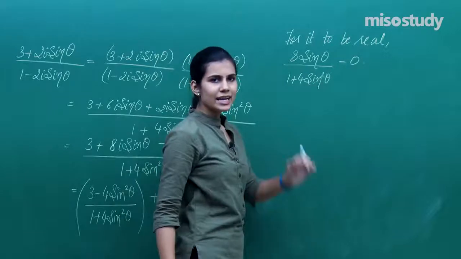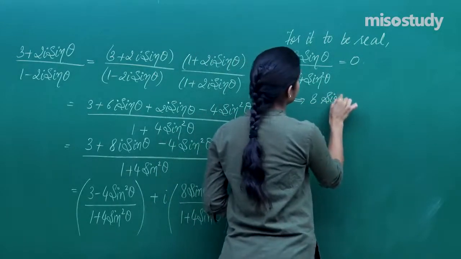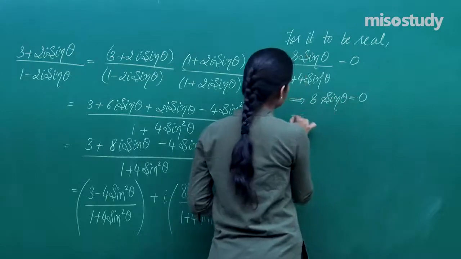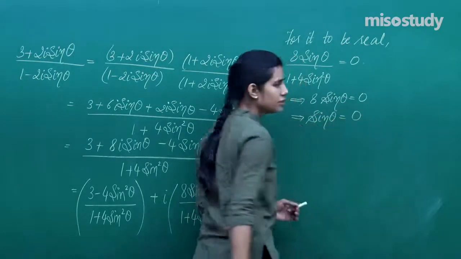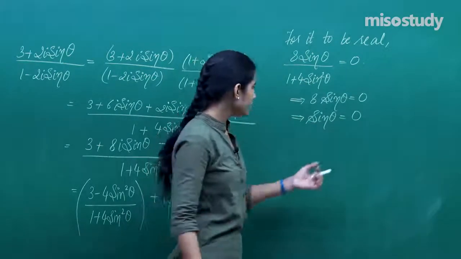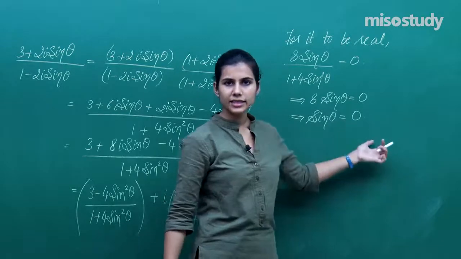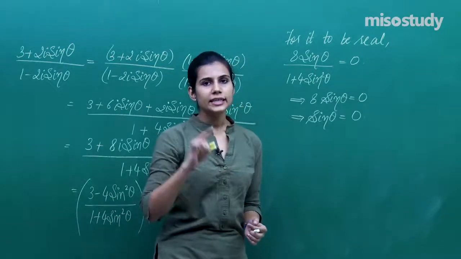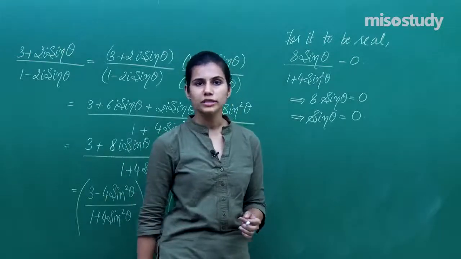This means numerator has to be 0. 8 sine theta has to be 0. This implies sine theta has to be 0. From trigonometry, we know in trigonometric equations we've done what are the possible values of theta wherever sine theta is 0. Angles which are integral multiples of pi are the only angles whose sine ratio is equal to 0.